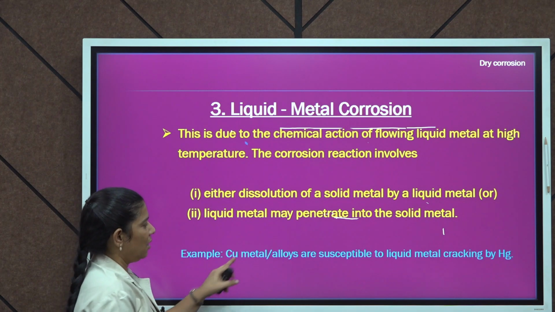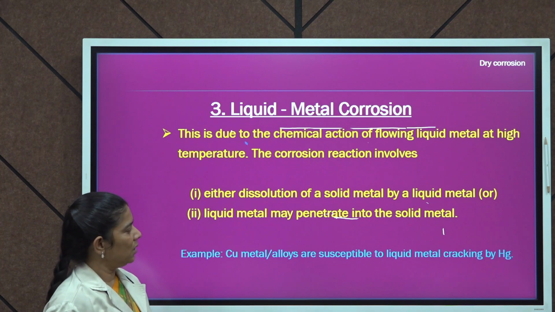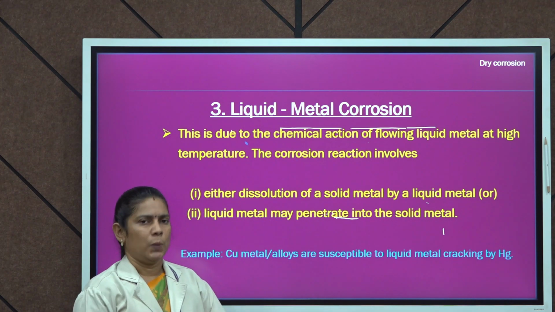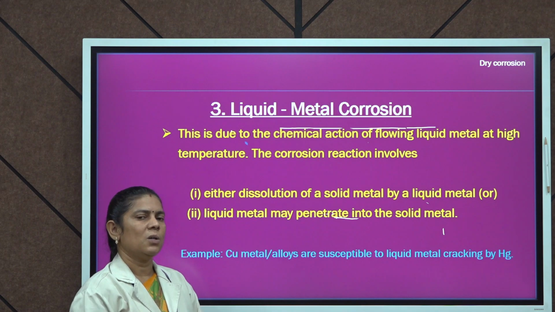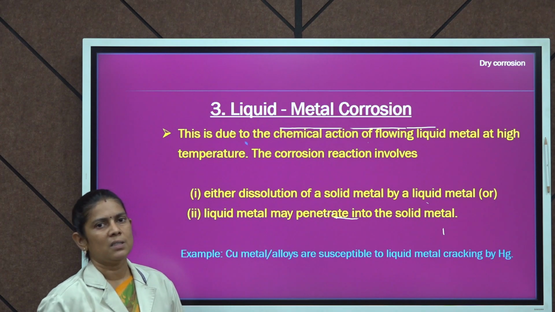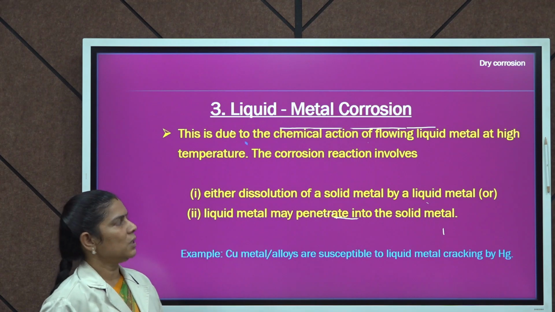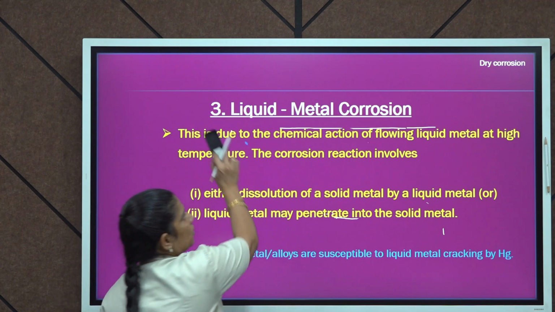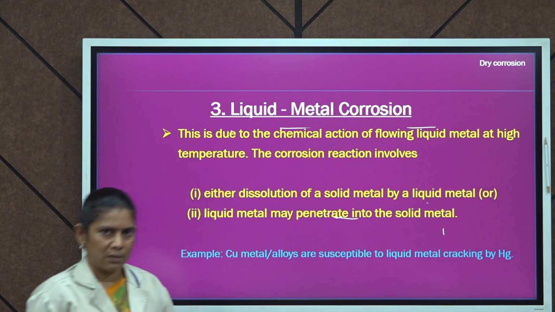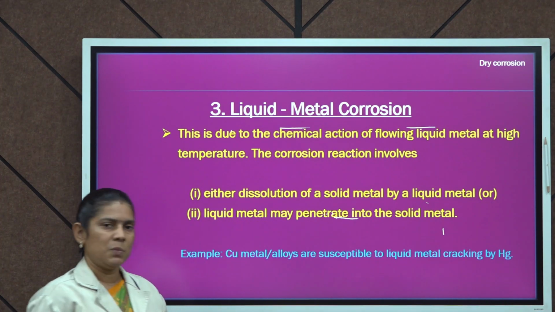For example, consider copper metal. Copper is susceptible to liquid mercury, and cracking occurs. This is called liquid metal corrosion. So not only solid metals, but liquid metal corrosion also occurs.